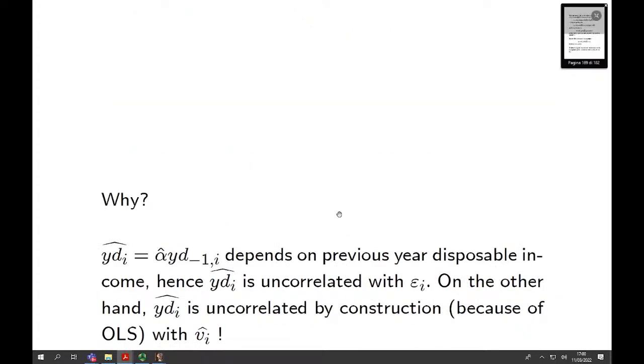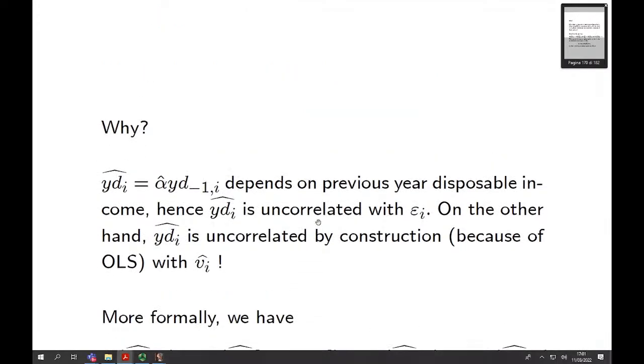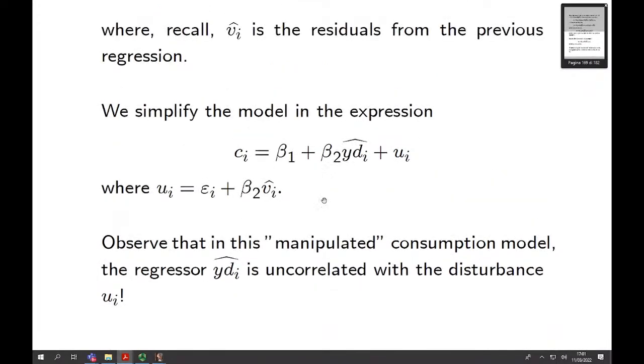So, what I do now, I can re-estimate this model. I can now estimate beta 2 by OLS. But my novel regressor will be no longer disposable income, but the fitted from the previous model. So we are applying, if you think about it, OLS twice.